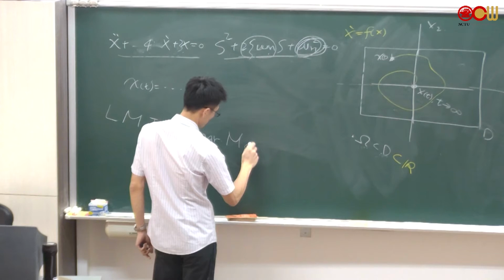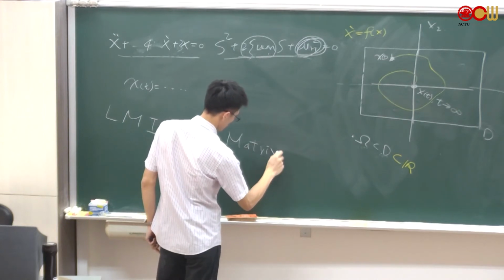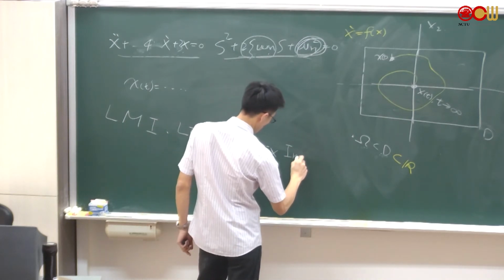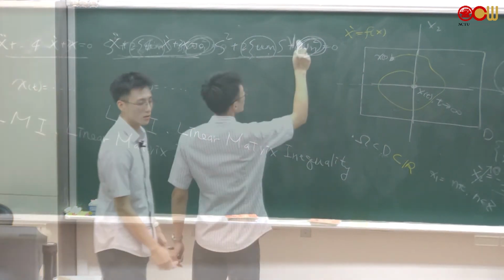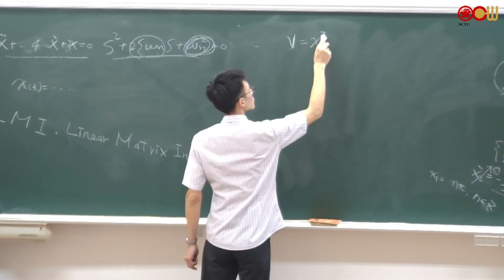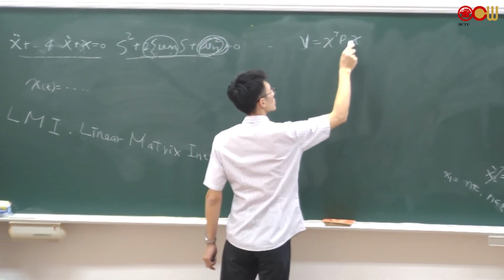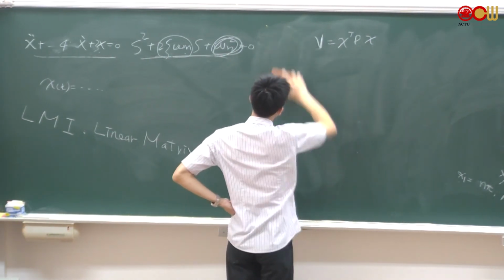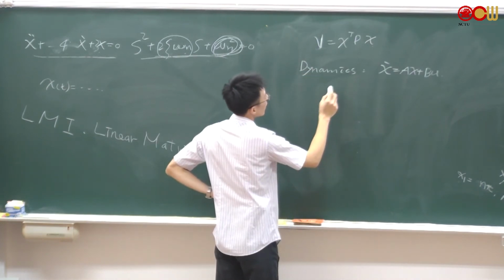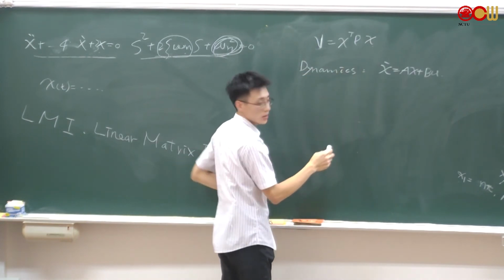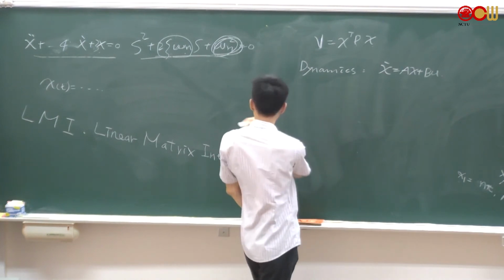LMI, linear matrix inequality. V is x transpose P x. This is the Lyapunov function for some dynamics. How do you come up with this P? Usually it's from the LMI.